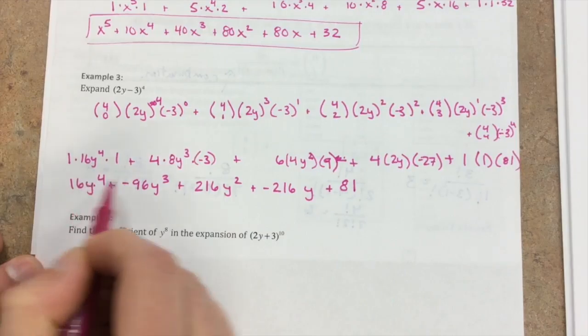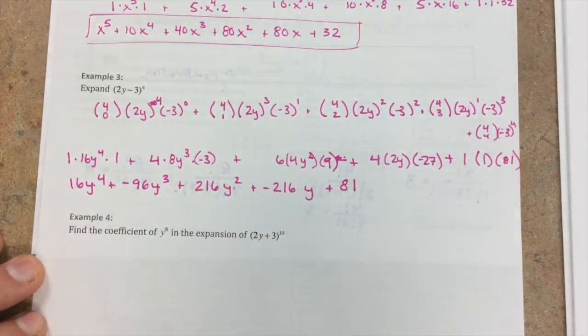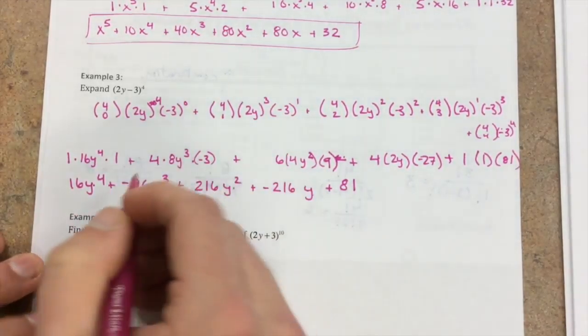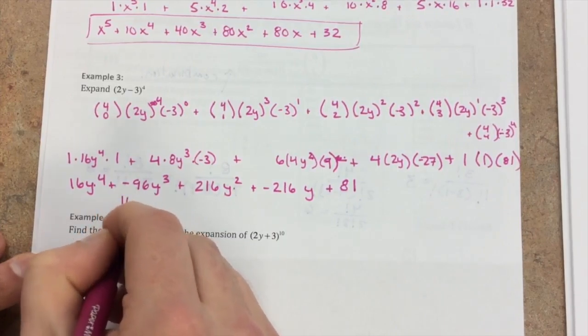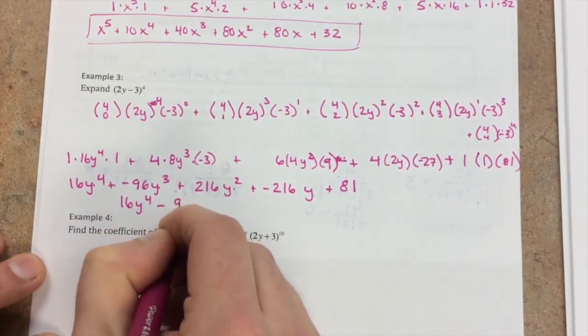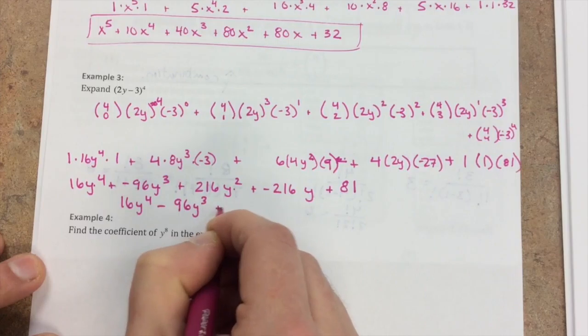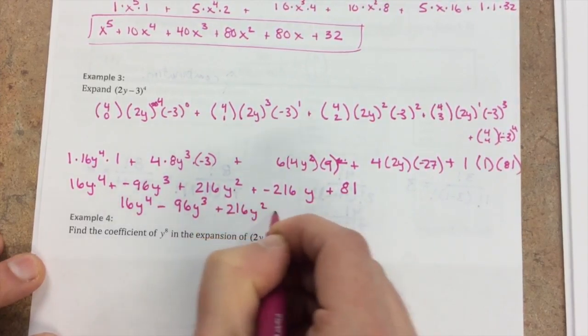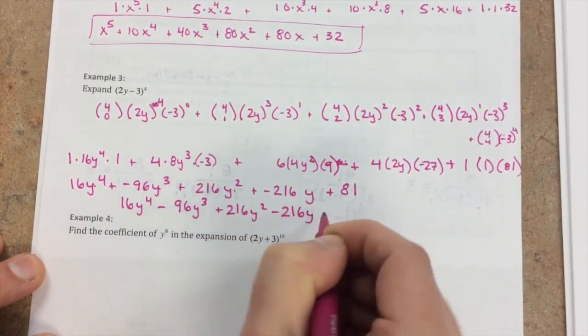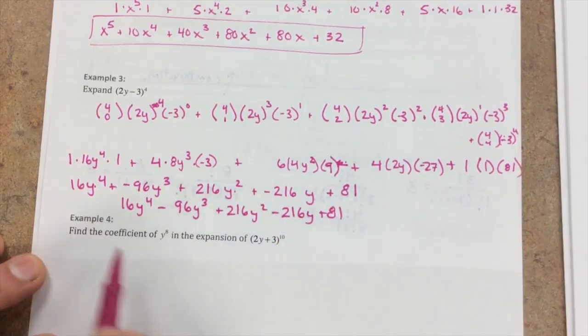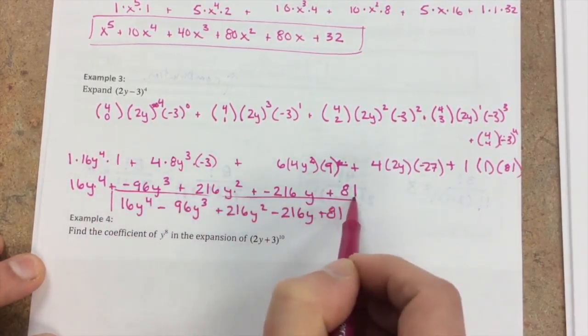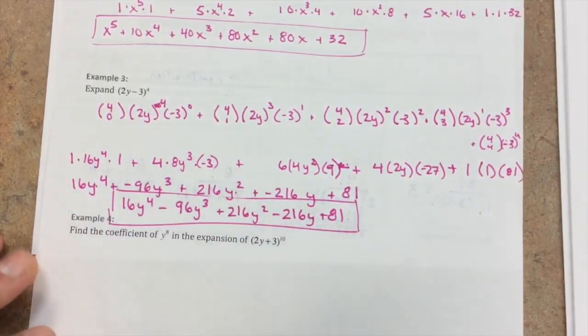You see y to the fourth, y to the third, y squared, y to the 1, y to the 0. And so if I really wanted to write this nice and clean, that'd be 16y to the fourth minus 96y cubed plus 216y squared minus 216y plus 81. This here is my answer.